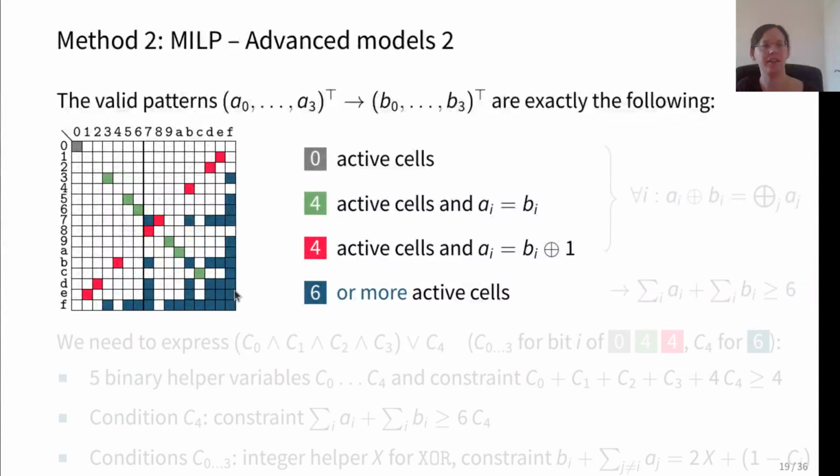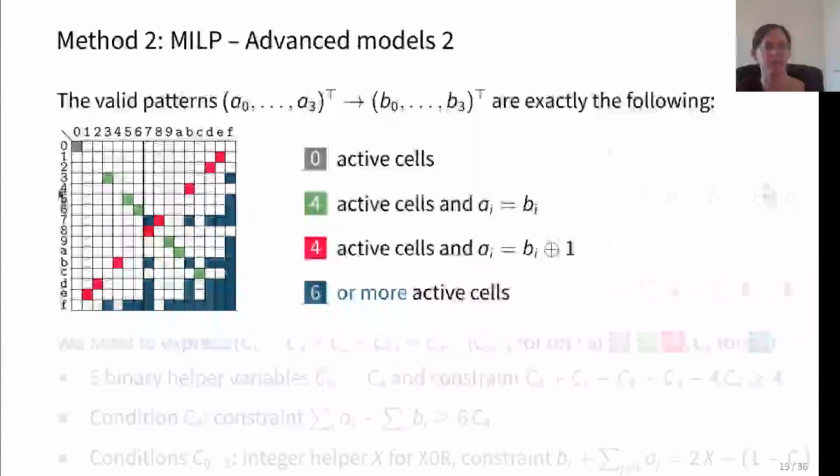Now on the diagonal, these are exactly the patterns where the input is the same pattern as the output, and you will notice that they have exactly 2 active cells at the input and at the output, and those are in the same positions. So for example, input pattern 0011 goes to output pattern 0011. So the input and output pattern are identical in this green case here.